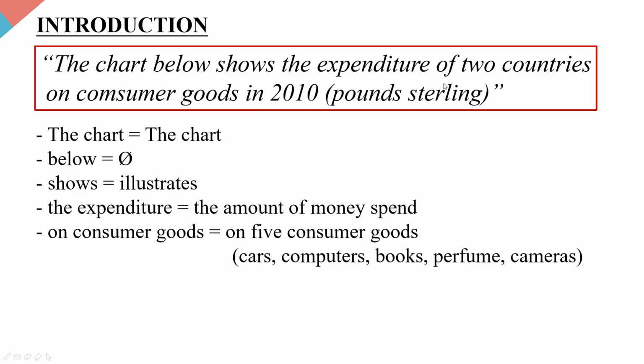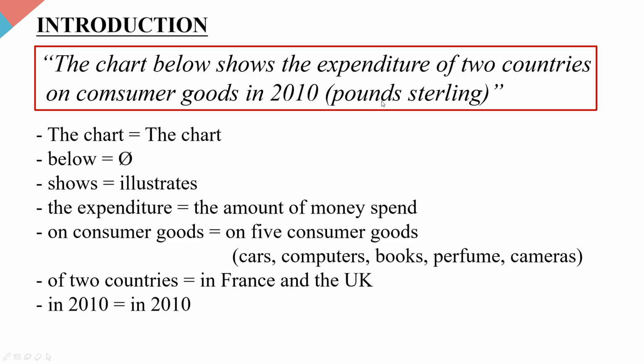Then we come back to the words that we didn't paraphrase. 2 countries we paraphrase as France and the UK. And the year we can't paraphrase, so we can keep it unchanged.